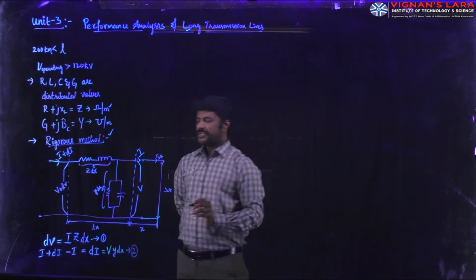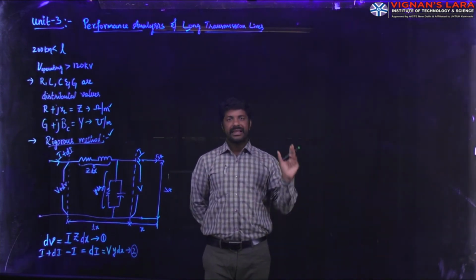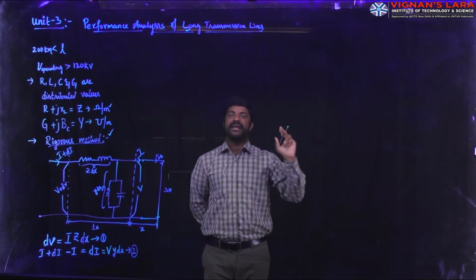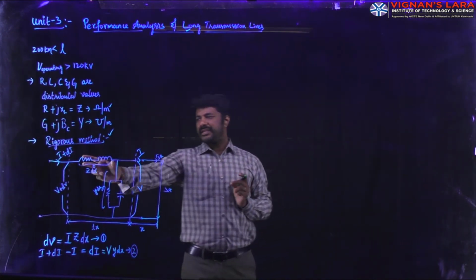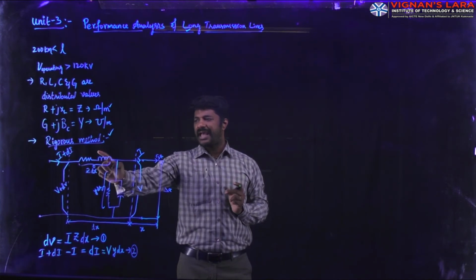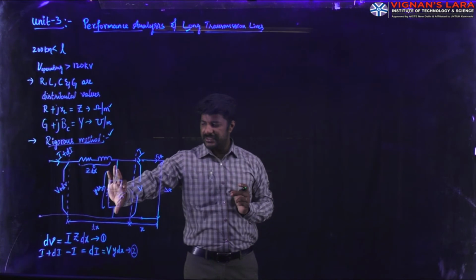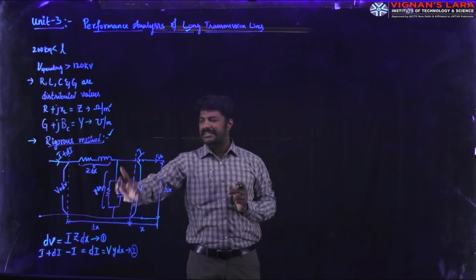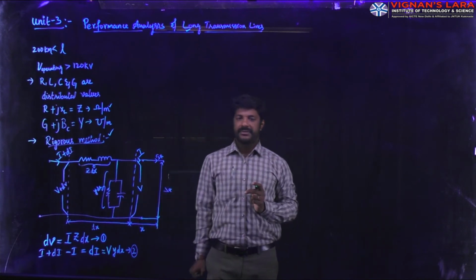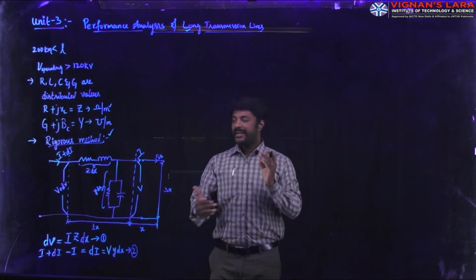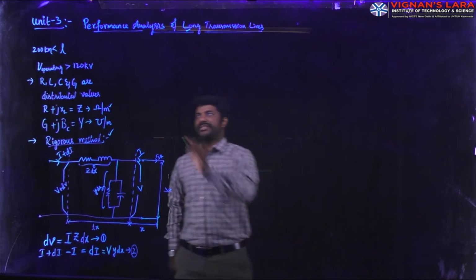So equations 1 and 2 are the magnitudes of the voltage and currents that are available across series impedance and shunt admittance. Across this series impedance, the voltage available is I into Z dx. Across this shunt branch, the current passing is I equal to V into Y dx. Let me rearrange the equations for further simplification.